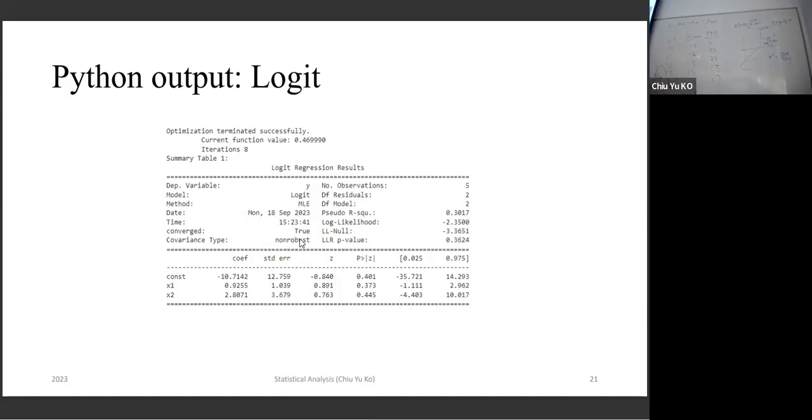And later you will see there is something called pseudo R square. Pseudo means fake. Fake R square is like a fit measure similar to R square, but not R square. It's somewhat like R square, which means the bigger the better. That's the thing we need to know.